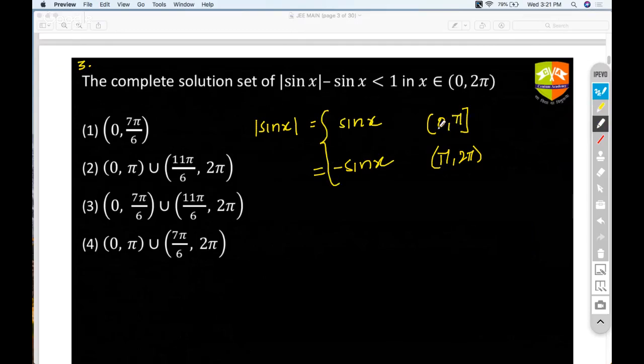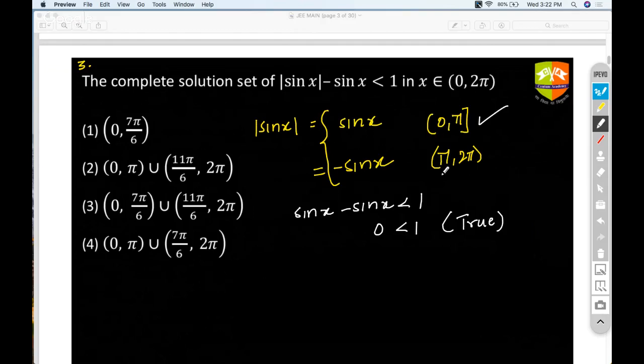So in the interval 0 to pi, you would get 0 less than 1, which is obviously true. That means all the values in the interval 0 to pi would be your answer. So this is an accepted region.